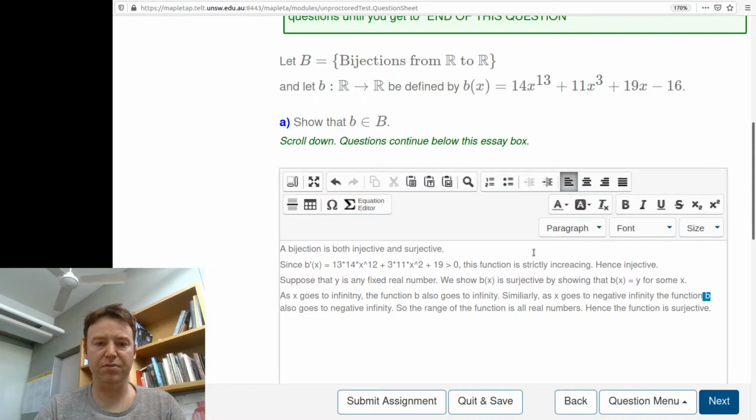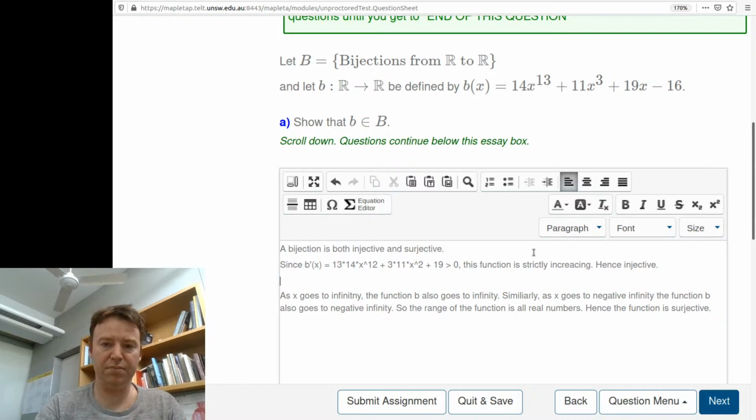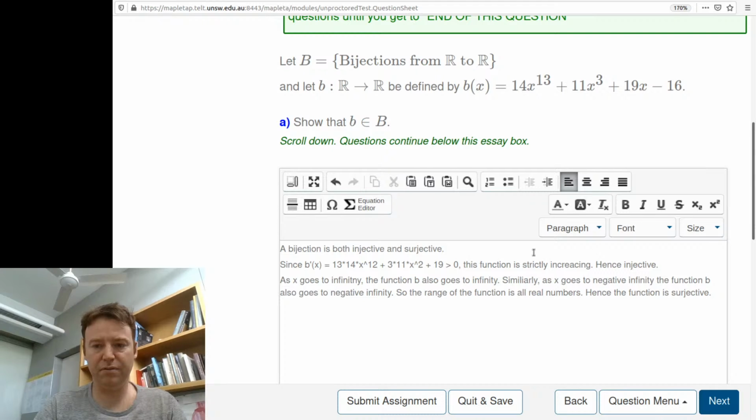Yeah, so we didn't really do that. Look, I think that's probably enough. You can get more formal with it, but that's probably enough. All right. So it's both injective and surjective. That one says it's injective. That one says it's surjective.